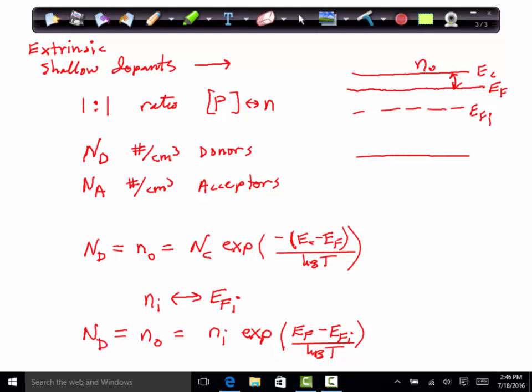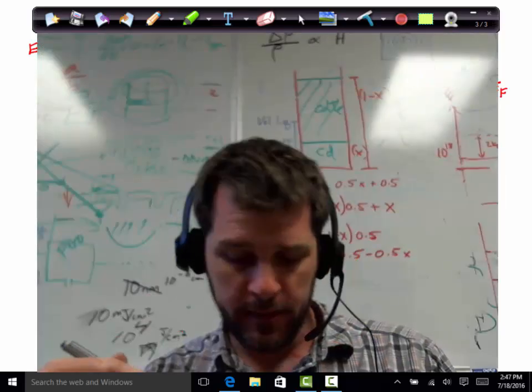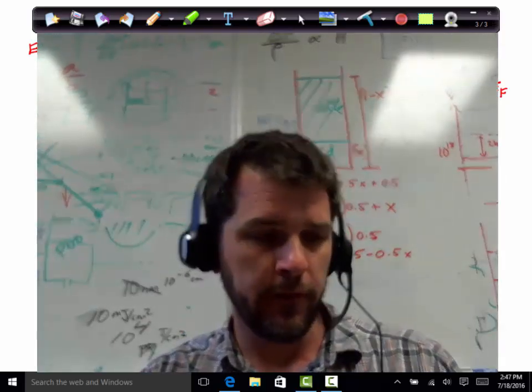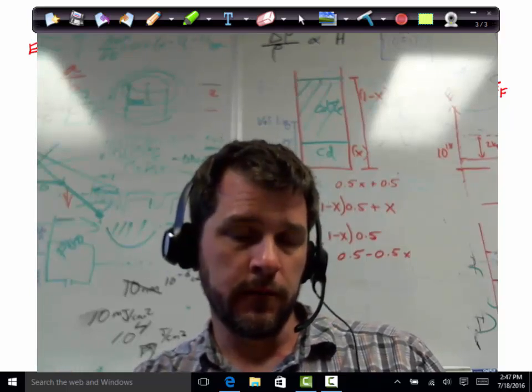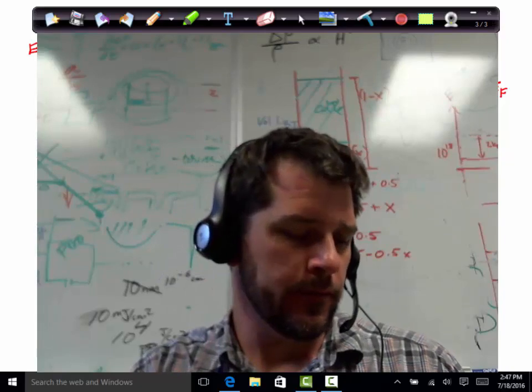So that's the first expression here, referencing it to EC, or we can measure up from EFi. It turns out when we get into device physics and look at things like band bending later on in the course, the second expression here, referenced to the intrinsic energy, is in many cases more useful because it allows you to directly compute built-in potentials.